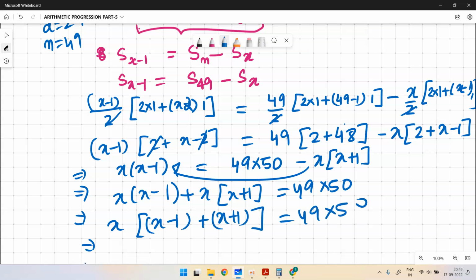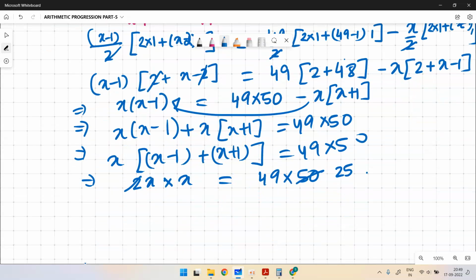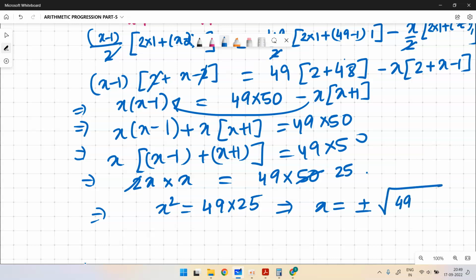Now the minus 1 and plus 1 get cancelled, so this is 2x into x equals 49 into 50. Dividing by 2, x square equals 49 into 25, which implies x equals plus minus under root 49 into 25, which is plus minus 7 into 5, that is plus minus 35.